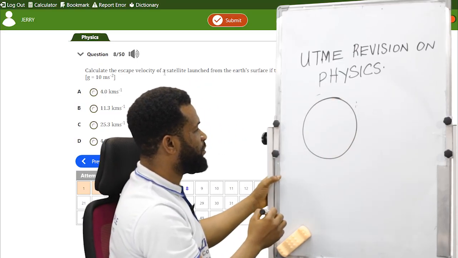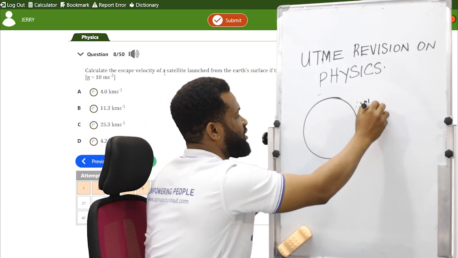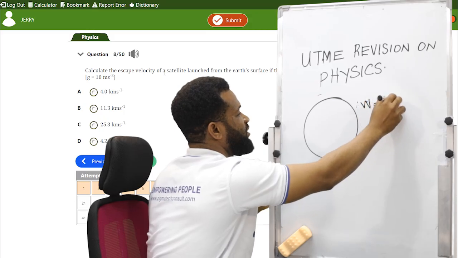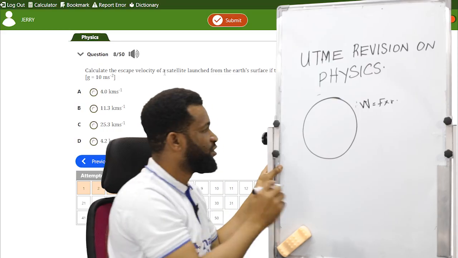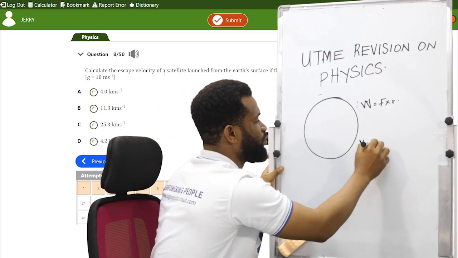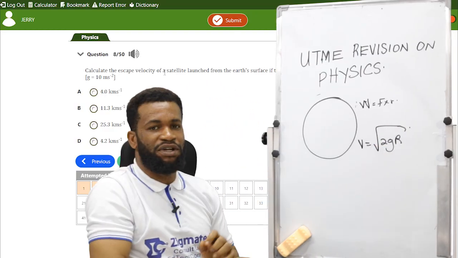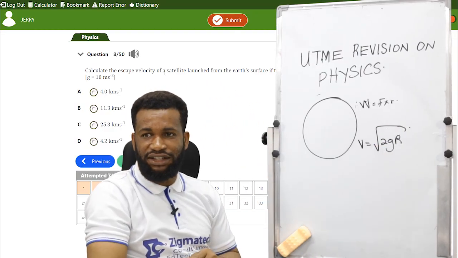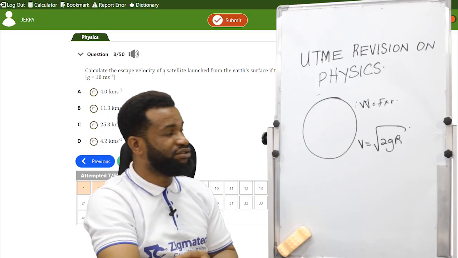So the major thing we need to do there is that the work done is the force times distance. So when you want to find the escape velocity, you apply this principle, 2gR, because this is the formula for escape velocity at this point, because what is involved there is that the radius of the Earth is there and the acceleration due to gravity.